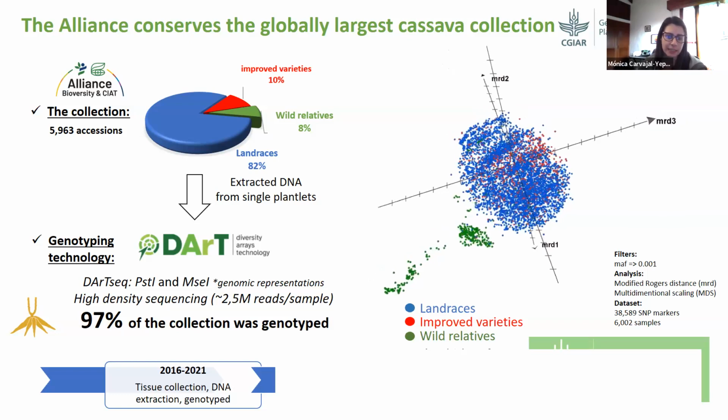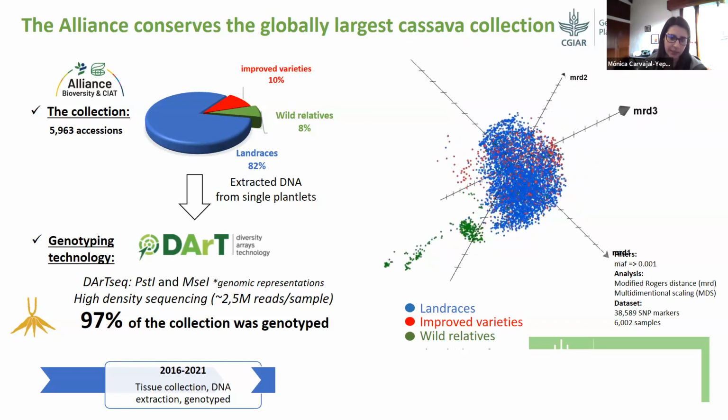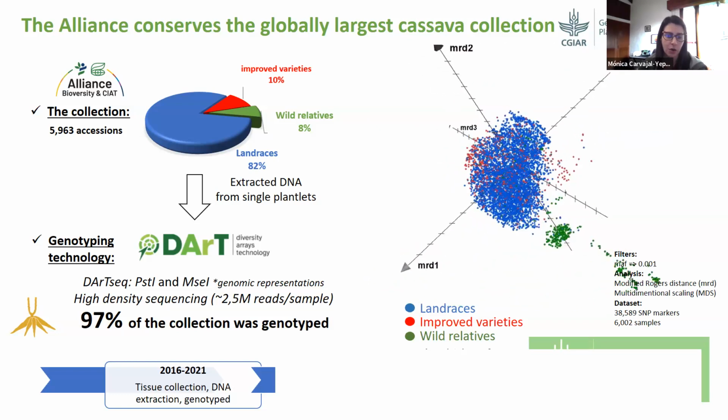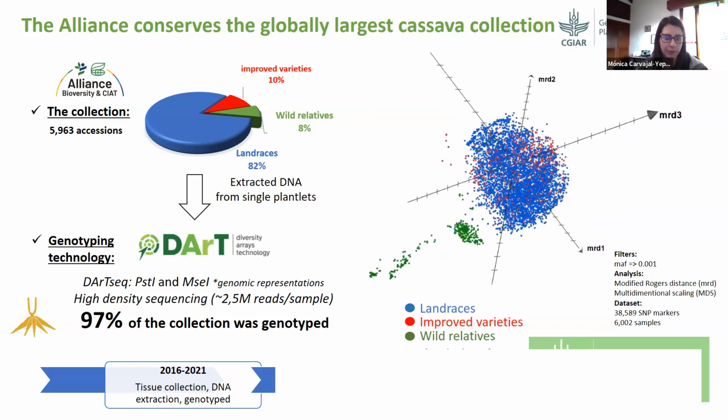You can clearly see a big cloud in the middle that represents the cultivated landraces and improved varieties of cassava. And there are some more distant groups represented in green, which are the wild relatives, of course farther apart from the cultivated cassava. But we see some green dots that are closer, which represent those subspecies of cassava that contributed to or are closely related to the cultivated version.